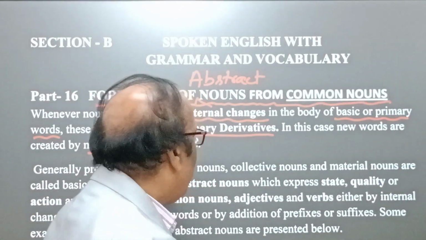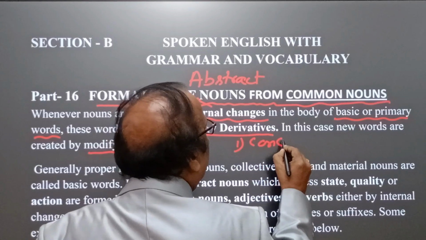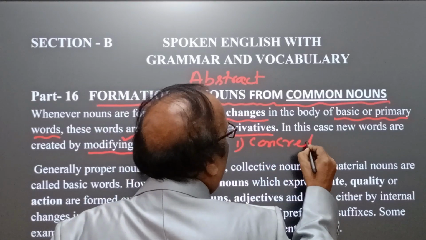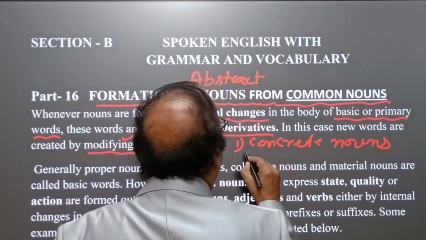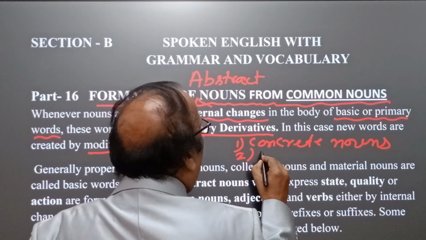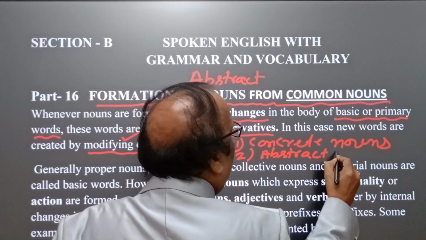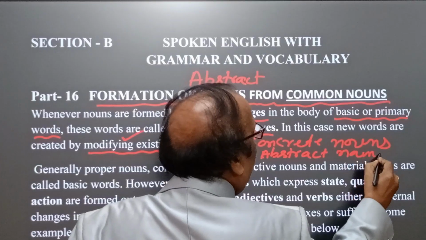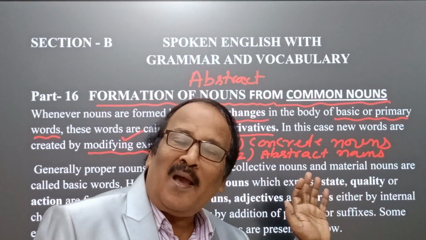One is concrete noun, and 2, abstract nouns. Then what is the difference between concrete nouns and abstract nouns?